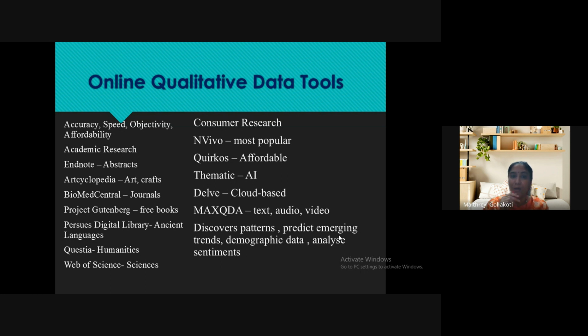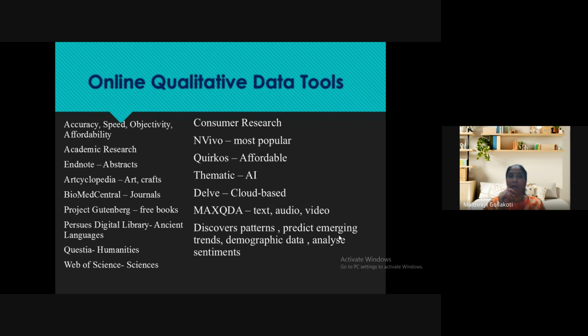NVivo, Quirkos, Thematic, Delve, MAXQDA, etc. Okay. Now, NVivo is the most popular online tool. Quirkos is very affordable, and Thematic is the tool which is connected to artificial intelligence, AI, which is the most happening thing right now.